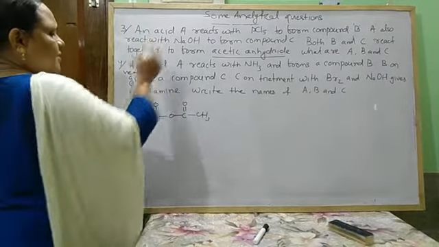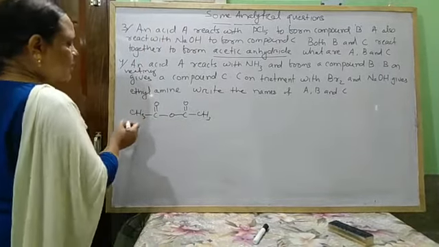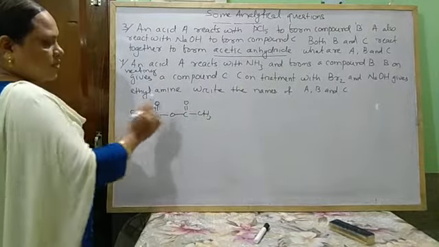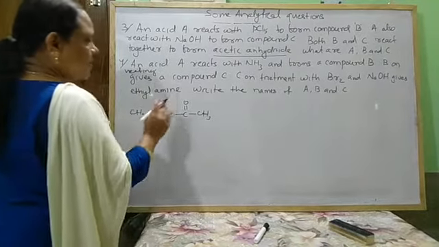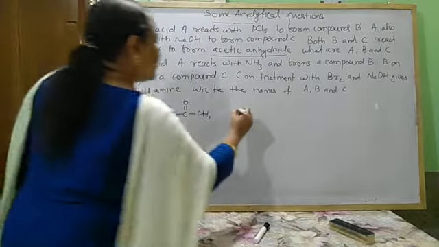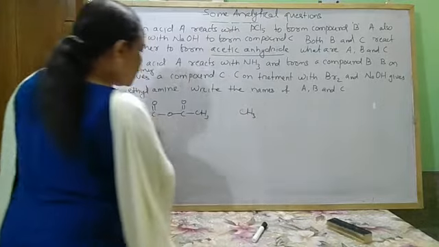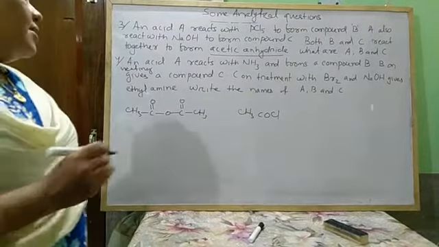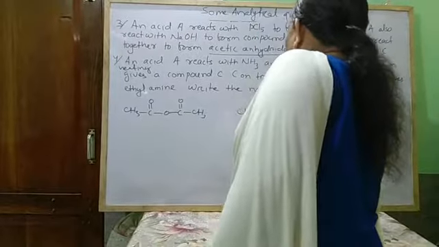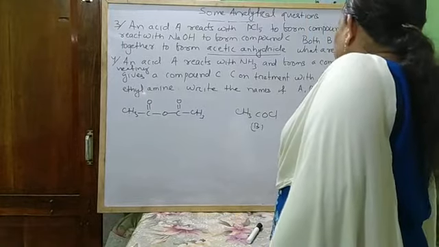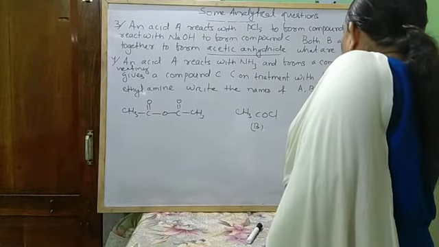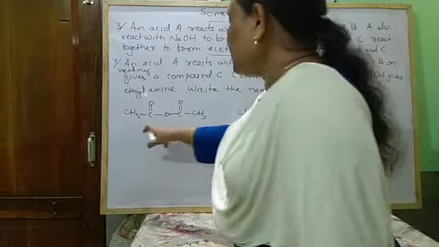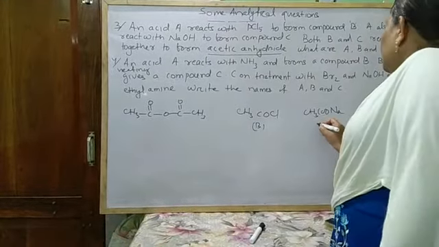So the acid contains 2 carbon atoms. So acid chloride and sodium salt both react to form anhydride. That means the acid chloride contains 2 carbon atoms, CH3COCl, this is B, and the sodium salt of the acid is sodium acetate. As this has 2 carbon atoms, it gives this acetic anhydride, and this is your C.